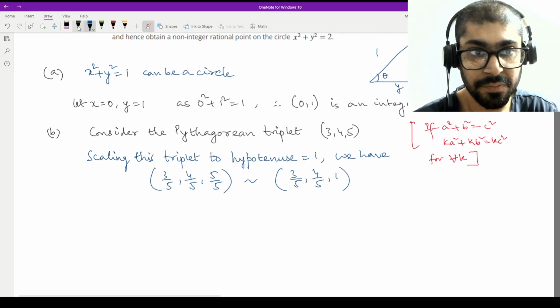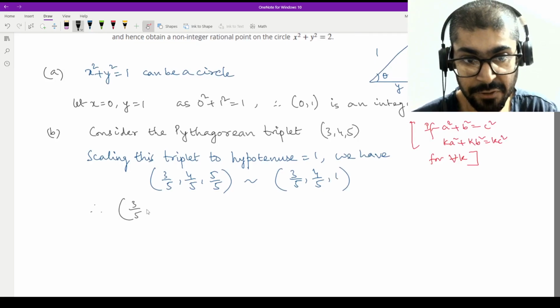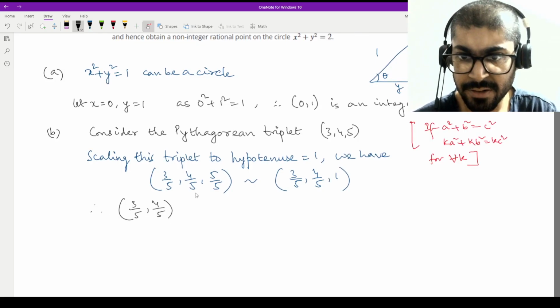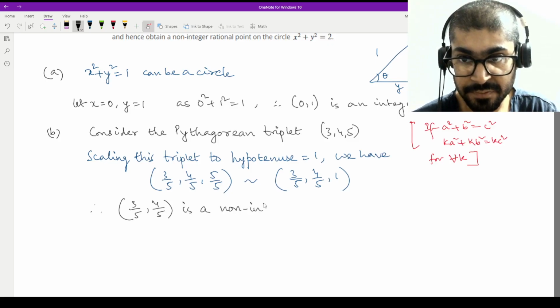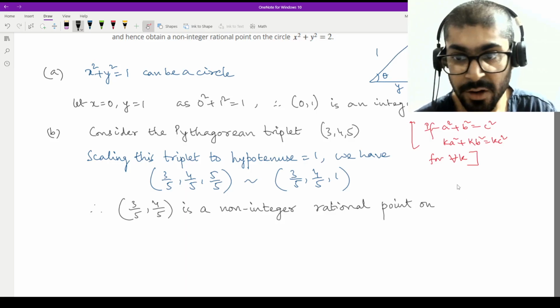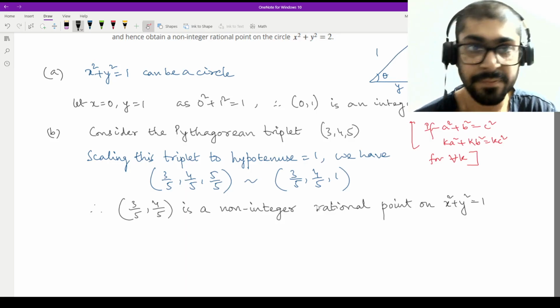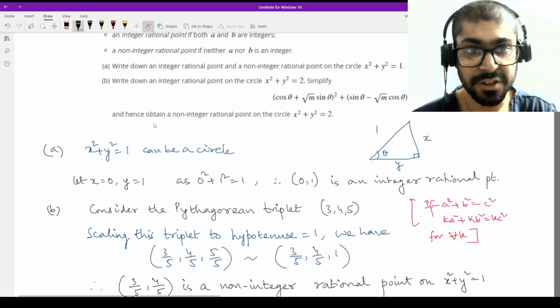So I can write therefore 3 by 5 comma 4 by 5, or vice versa, is a non-integer rational point on x square plus y square equal to 1, right? So that concludes the first part.